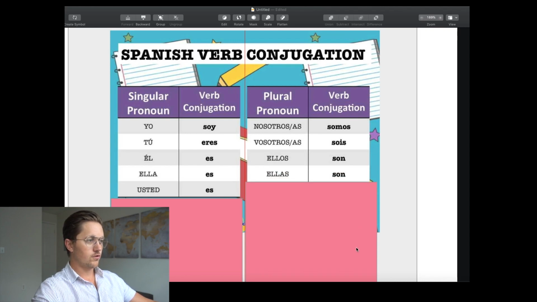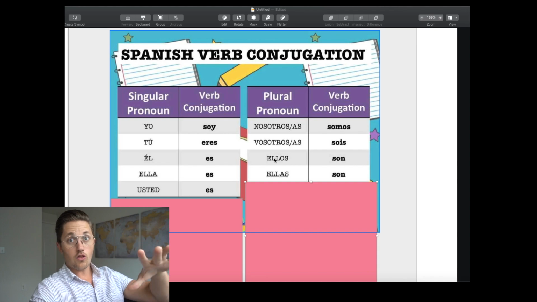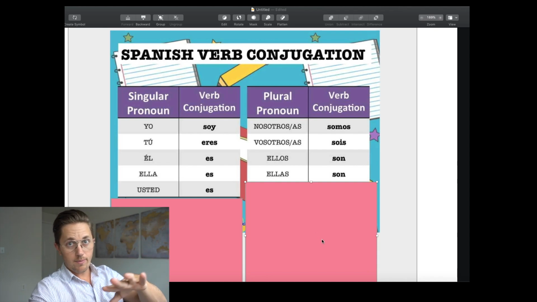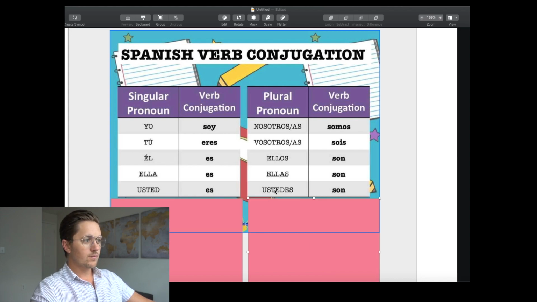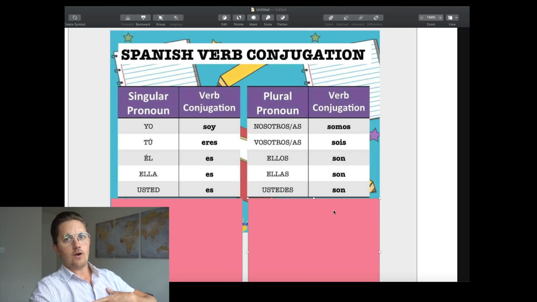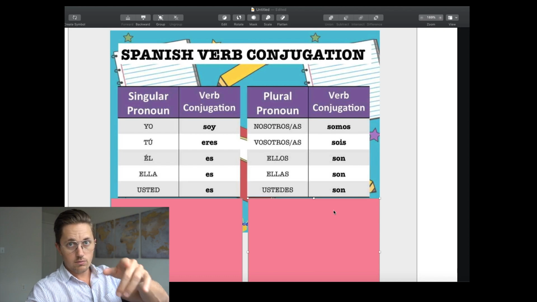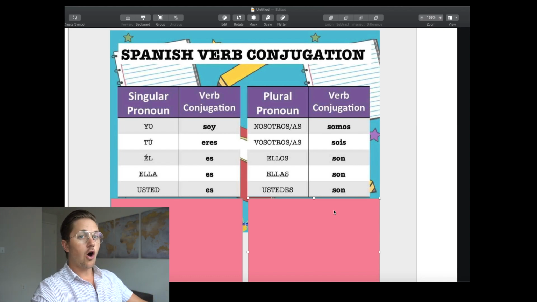Ellas son. So they, the men, son, they are. Ellas, just women, son, they are. And ustedes son. So ustedes is like you all, you guys, and we talk about it as just a plural group of people. You all, you guys, y'all are.